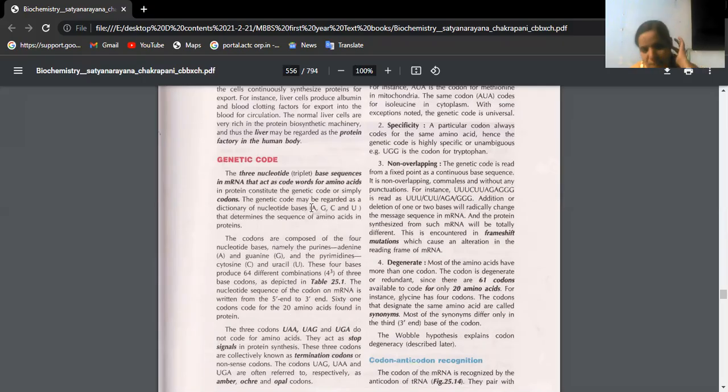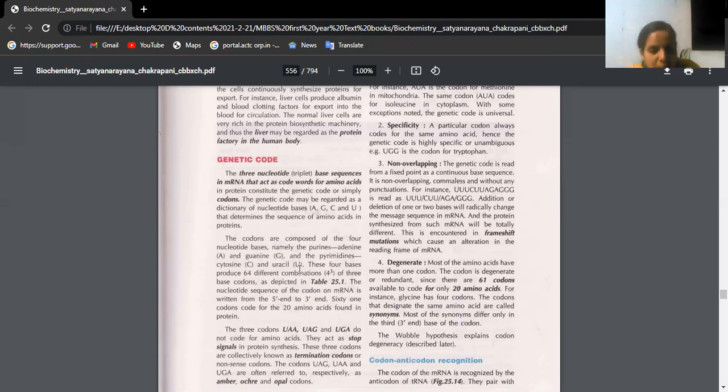These are the sequence of genetic information. The three-nucleotide information of this codon is actually called a code word, and each code word will be coding for one amino acid. The three nucleotide base sequences in mRNA act as a code word for an amino acid.